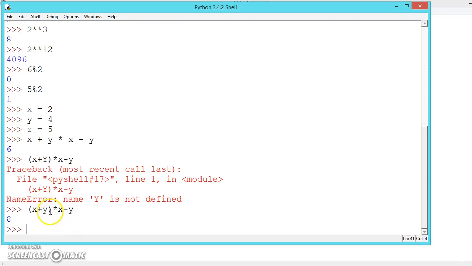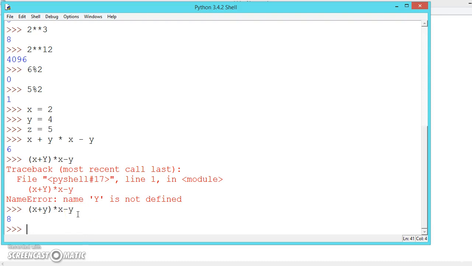In this case, first the terms inside the brackets will be executed and then multiplication will come and then the subtraction. So the order of operation is first parenthesis, then multiplication, then division, then addition and then subtraction. However you write, first multiplication will be done, but here we have put it in parenthesis. That's why x plus y is done first, then the value of x plus y is multiplied with x and subtracted by y.